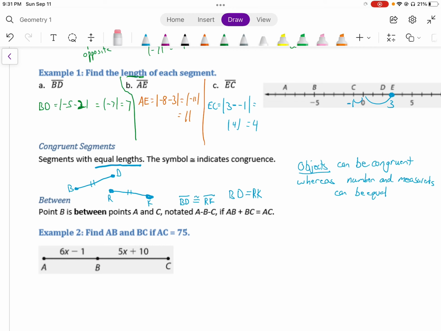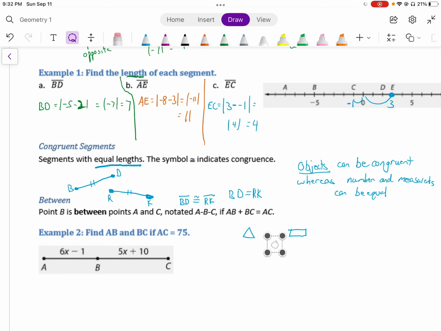Now we have another definition, this idea of between. And between in geometry is a little more specific than what we would use between for in our everyday life. If I had a picture of a triangle, and then a circle, and then a rectangle, I might say that circle is between the triangle and rectangle, but in geometry, it is not between.